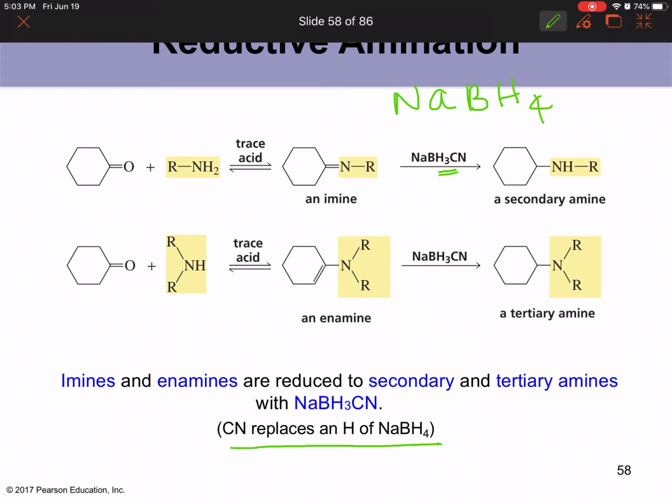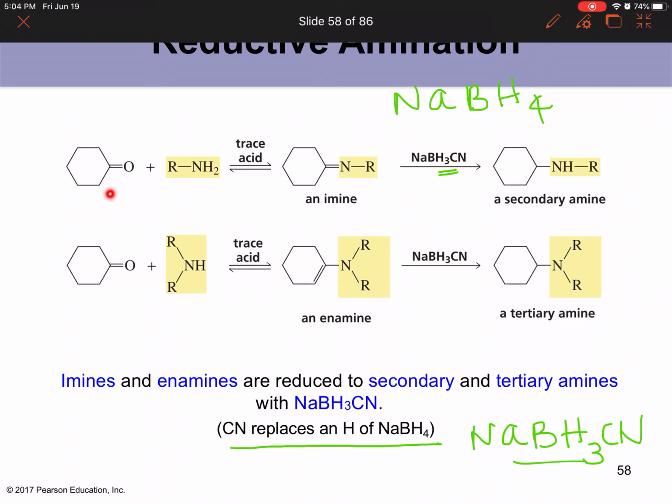see, cyanide replaces a hydrogen of sodium borohydride. So now we have NaB, and instead of 4 hydrides, we have 3 and a cyano group. Okay, we call it sodium cyanoborohydride. We use that reagent to reduce the imine or enamine to saturated compounds, meaning this is now a secondary amine and a tertiary amine.